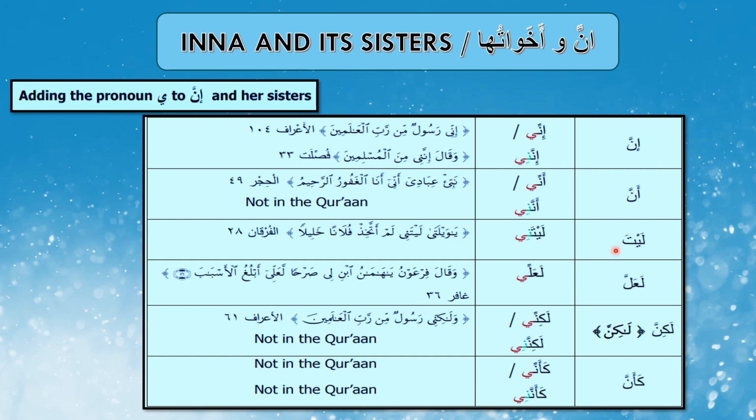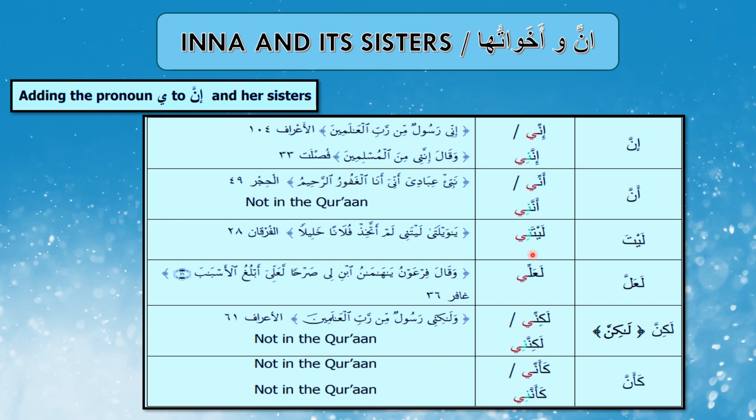And layta is the sister of inna which cannot be added directly with the ya mutakallim. So it has to be added with the noon al-wiqaya. This noon, when it comes, protects the fatha of the ta and takes the kasra before the ya. So it becomes laytani.